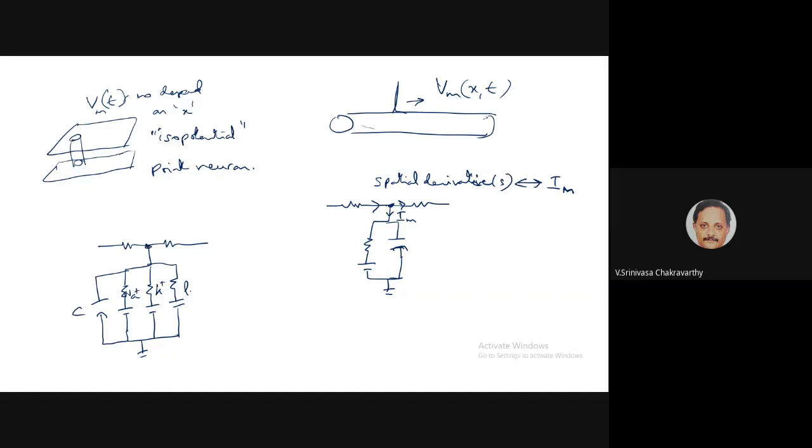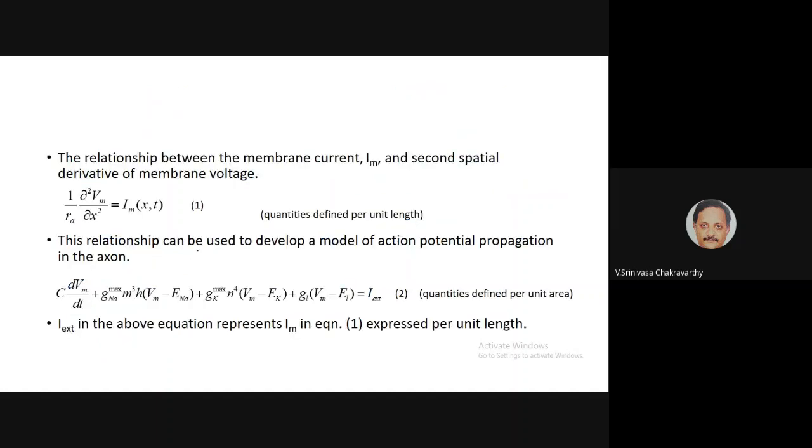Basically, you need to connect this to the cable, and then you will have a model for axon propagation. So how do you do that connection? The main insight here is that the current you describe in the Hodgkin-Huxley model is actually membrane current.